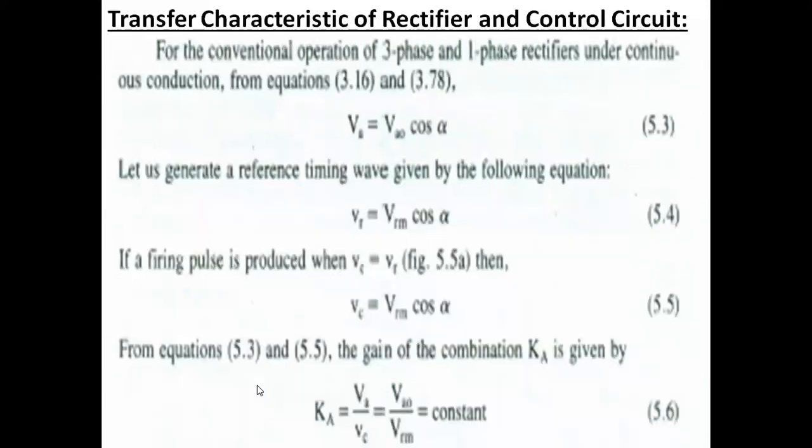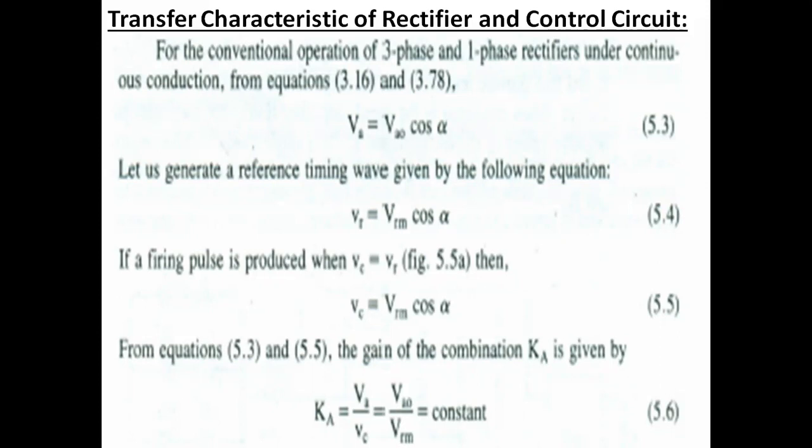Now we will see the transfer characteristics of the rectifier and the control circuit, both. If you observe the firing angle of the rectifier, it is a discrete process. After that, we have to change the rectifier firing angle.